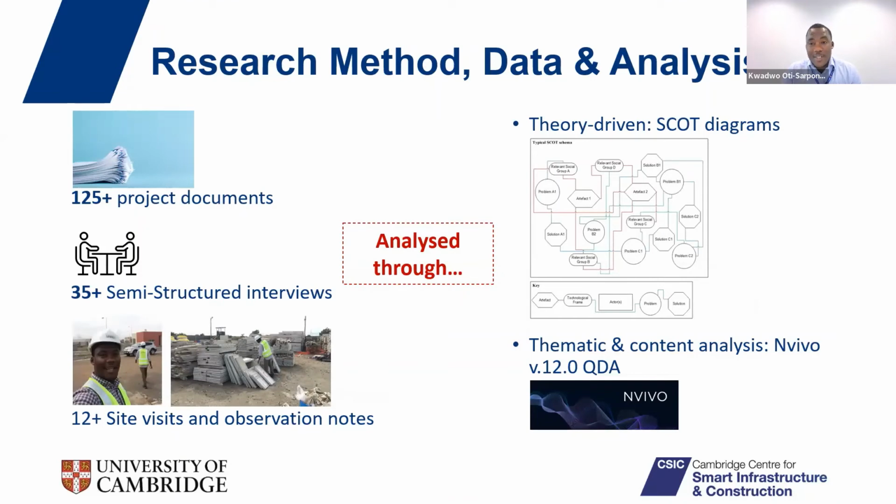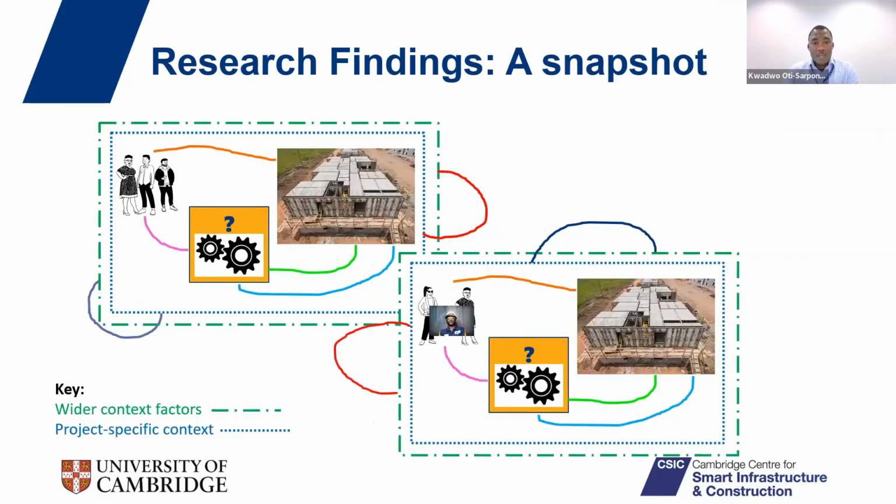The analysis was mainly driven by the construction of the SCOT diagrams and complemented by thematic and content analysis using NVivo qualitative data analysis software. In summary, this is how it looks, a bit of a mess, but it tells a rich story.